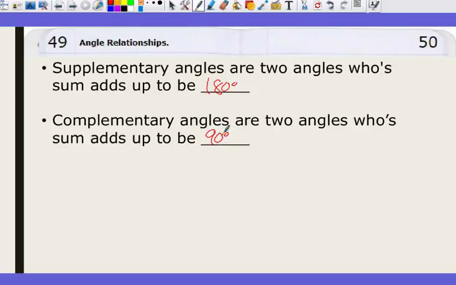Okay, this is how I remember it. If you take an S for supplementary and you add a line, you make an 8. If you take a C and you add a line to it, you get a 9.